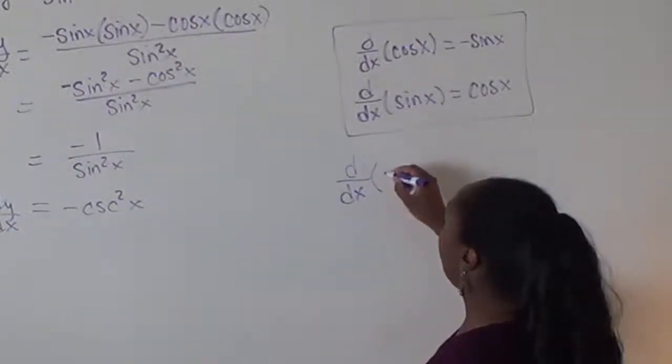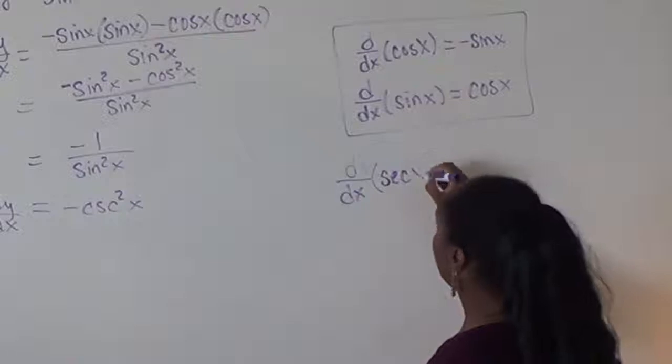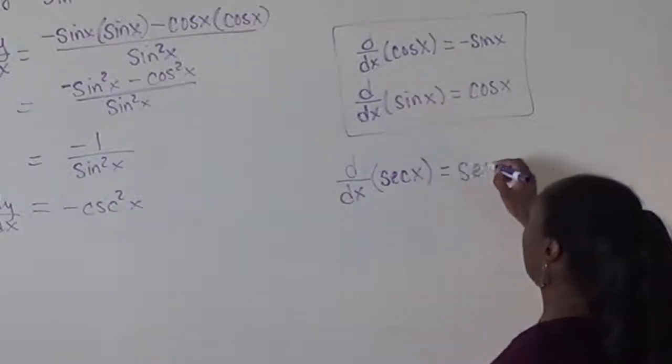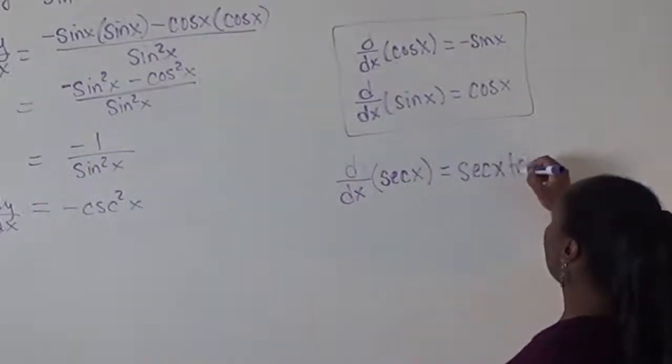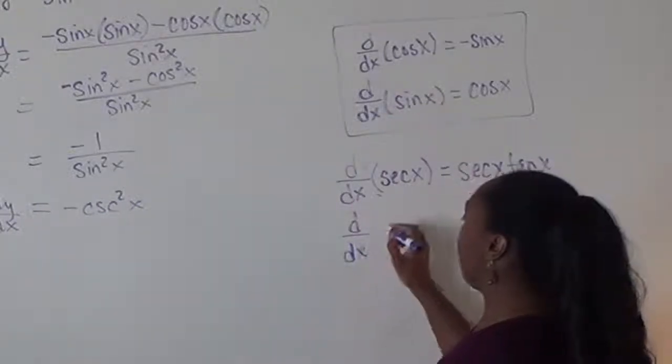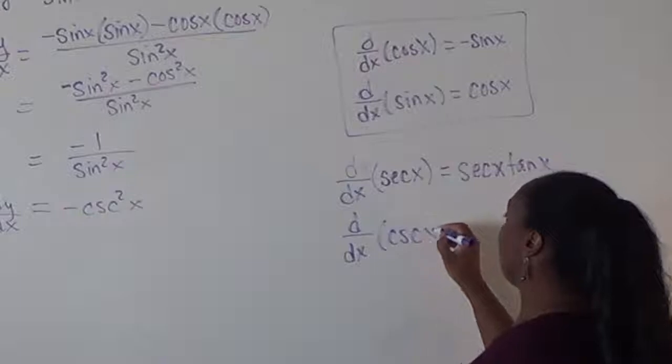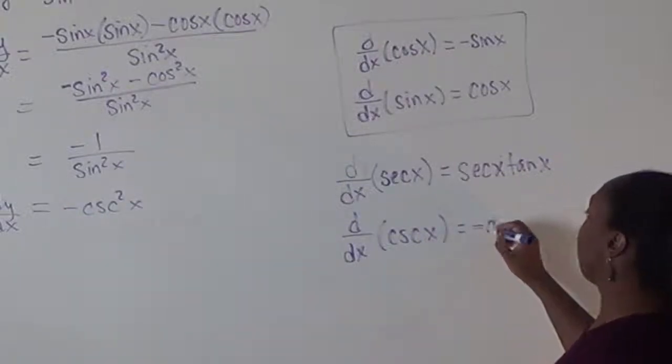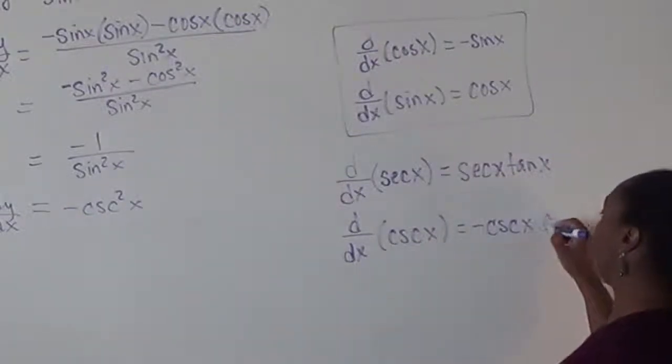So if I'm looking at the secant, we get the secant tangent. If I have the cosecant, we get the negative cosecant cotangent.